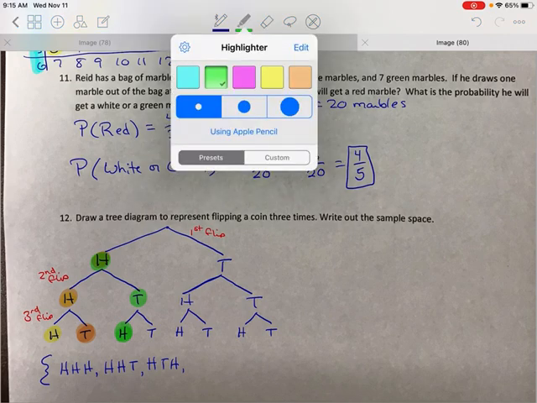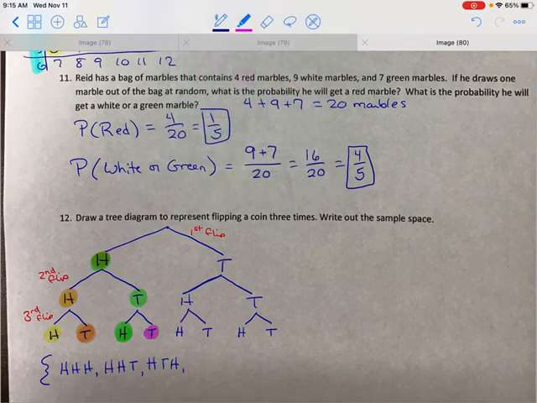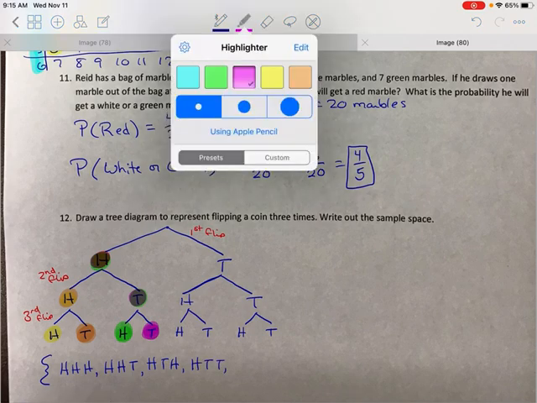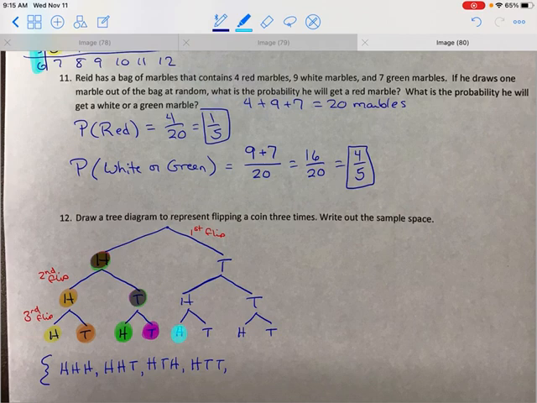All right, so let's try this one. To get to this T, I have to go heads, tails, tails. All right, so let's see how many colors I have left. I got a couple of colors left. Let's try to get to this H. To get to that one, I have to go tails, heads, heads.